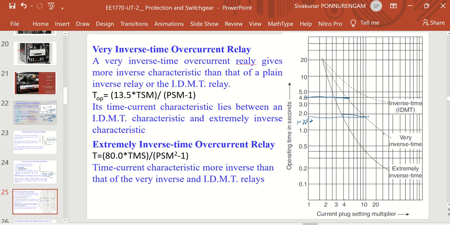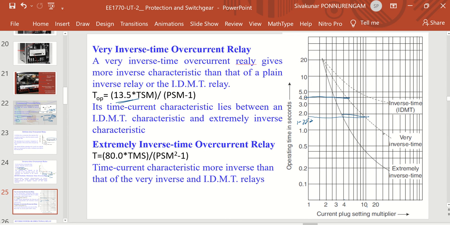The formula is a constant into TSM over PSM minus 1. So the very inverse time overcurrent relay gives more inverse characteristics than the plain inverse relay.